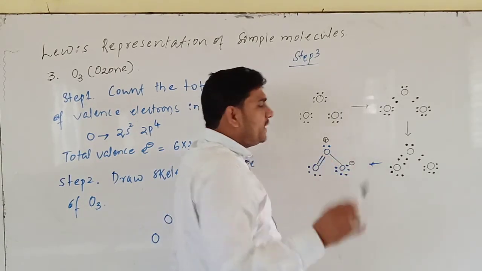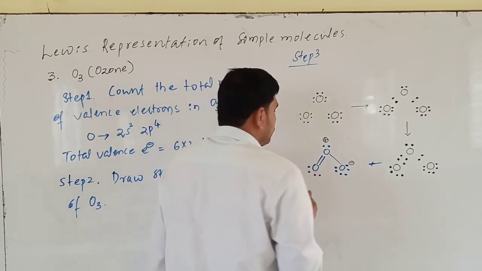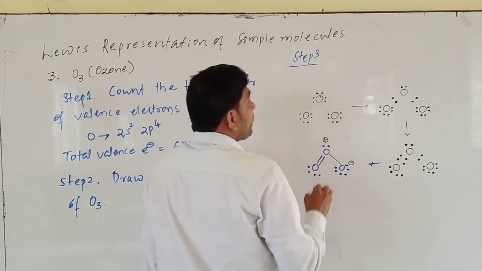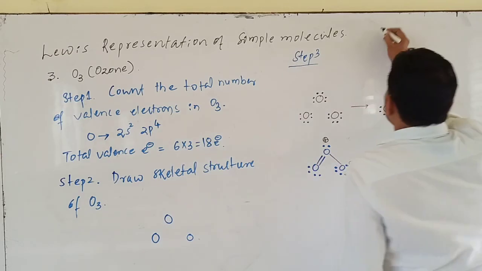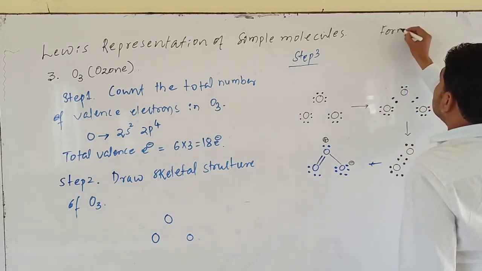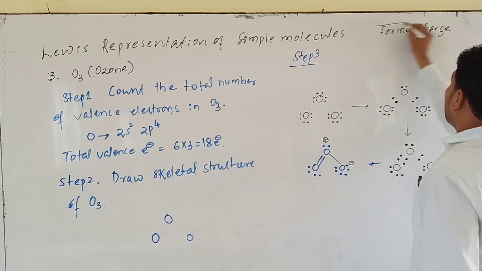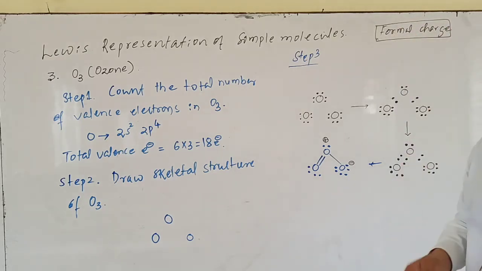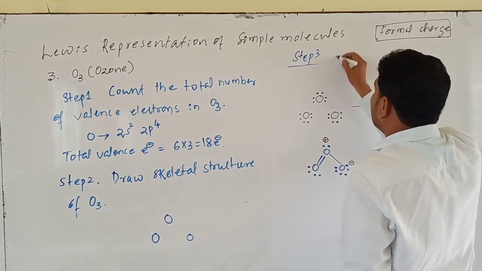Oxygen always forms how many bonds? 2 bonds. That's why the charge on this oxygen is 0. This charge is said to be a formal charge. This concept is very important for the point of view of examination. How to calculate formal charge? How to determine formal charge, that we will discuss in next class. First we will complete this one.